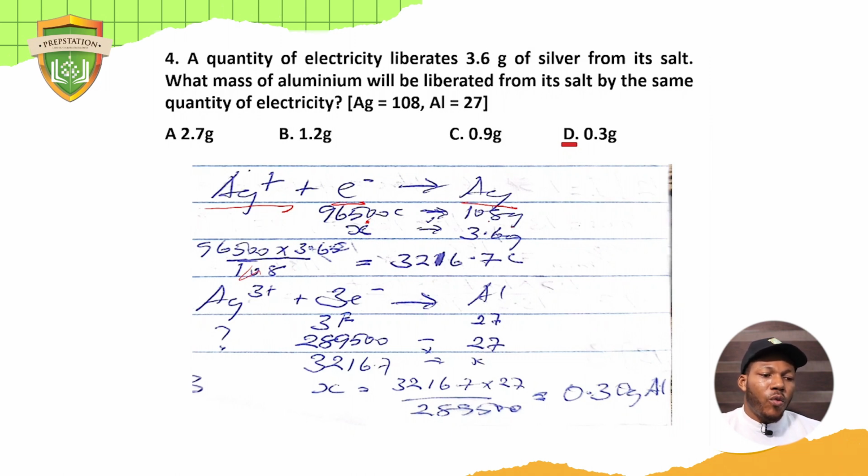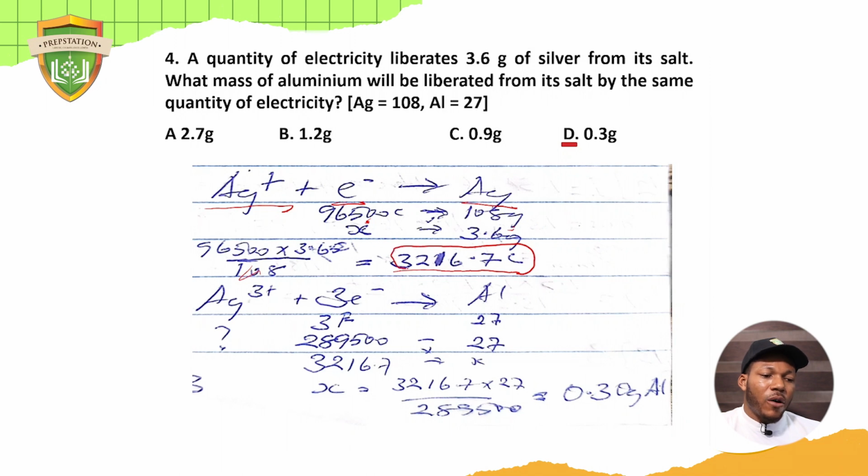So now, if 108 grams is discharged by 96500 coulombs, what will be the current to discharge 3.6 grams? When you cross multiply, you have 3216.7 coulombs.